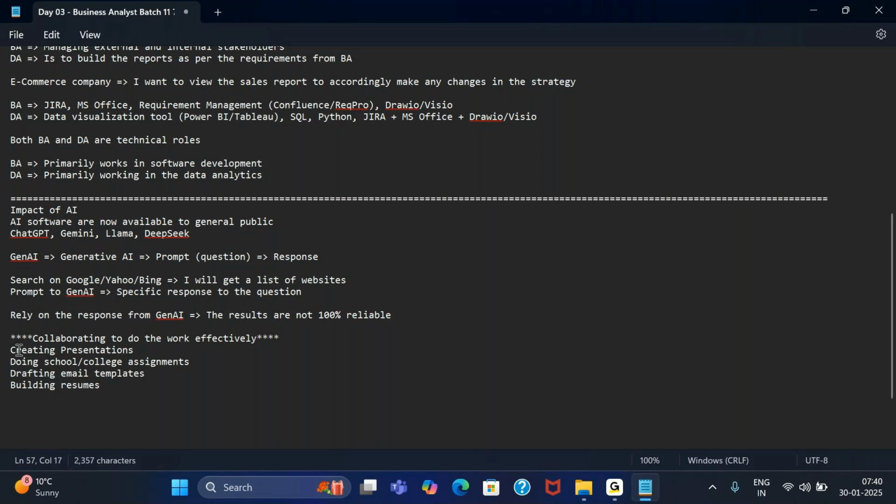Or even, for example, creating documents as well. I have the content.